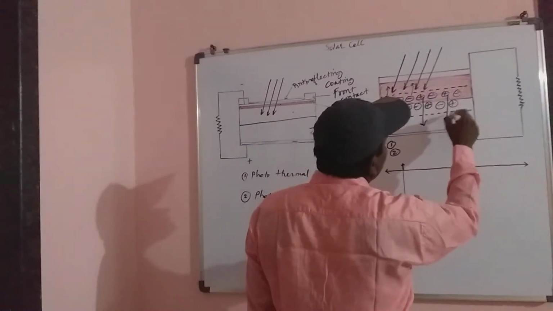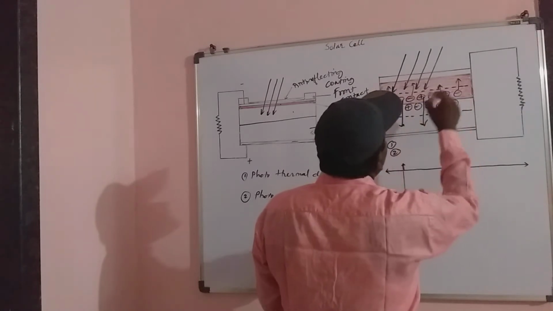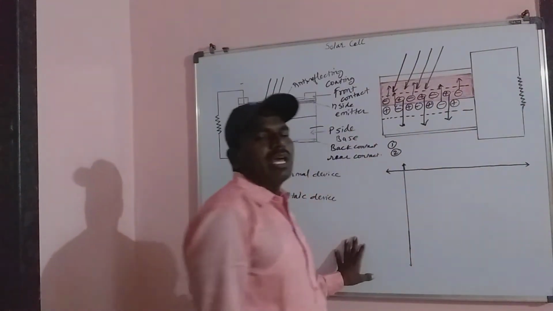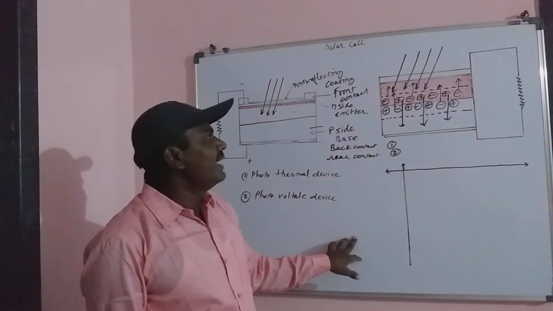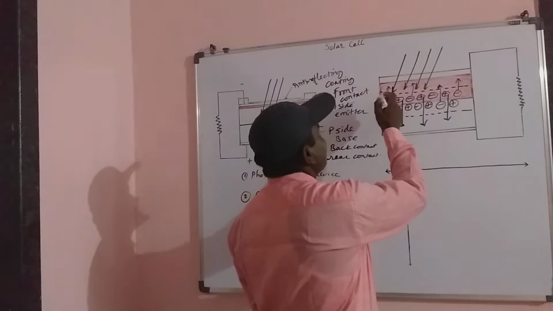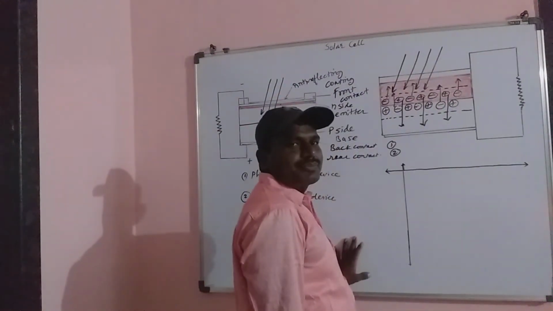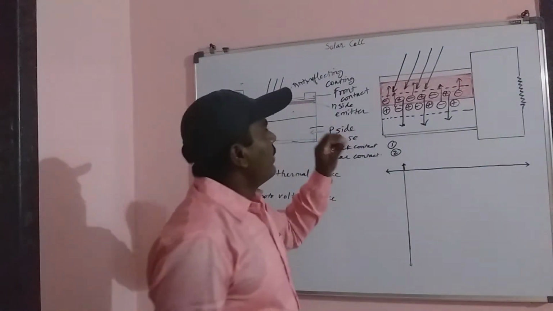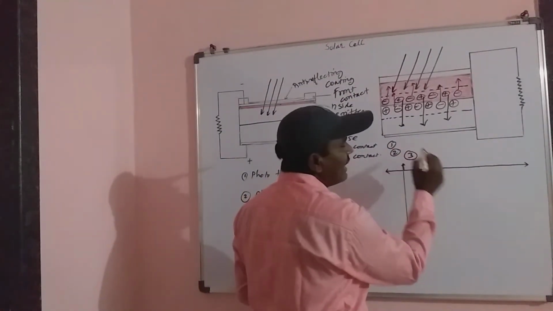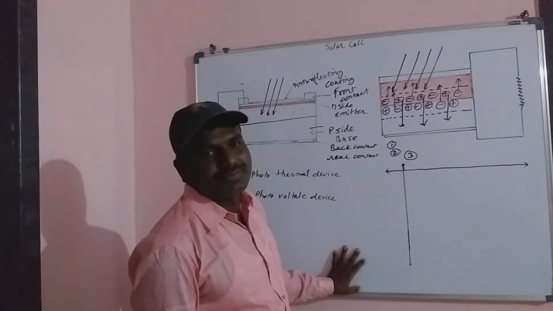In this way holes come here and electrons go here. That means electrons and holes are separated, with electrons collected on the n side and holes collected on the p side. When these electrons and holes are separated, voltage is produced in the solar cell.